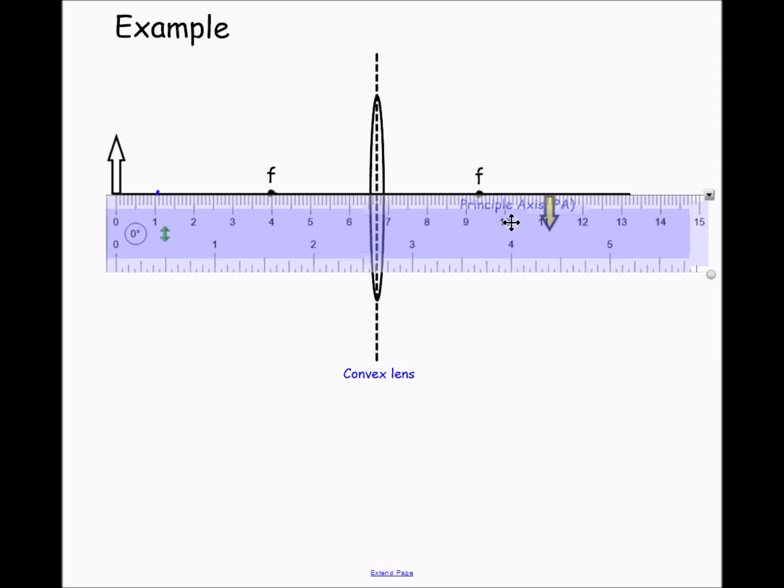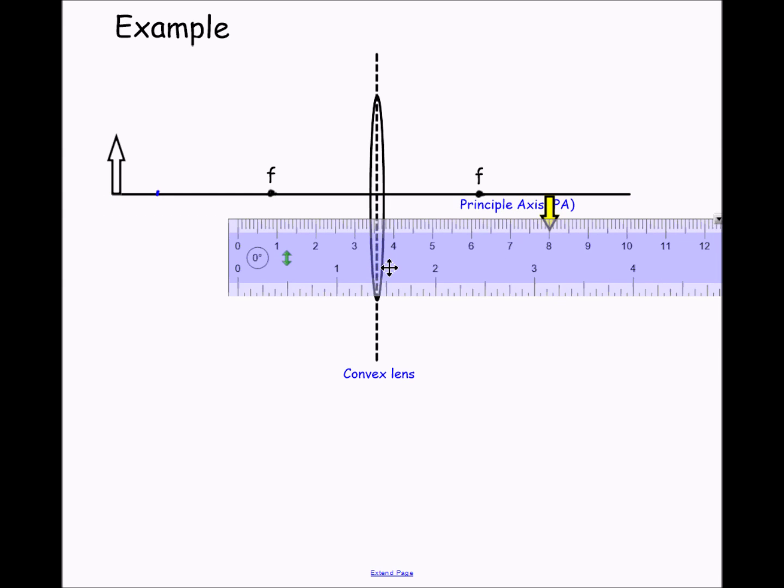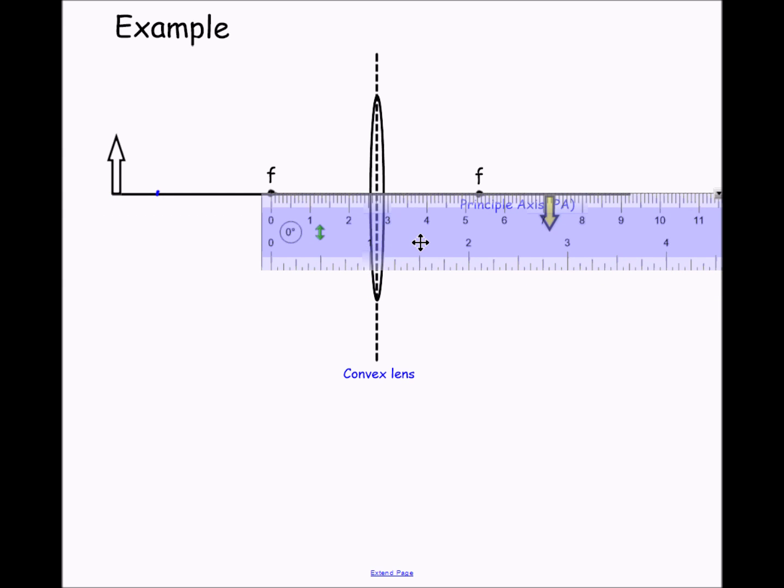So 6.7 centimeters is the object distance. Write that down on your piece of paper. Now I'm also going to measure the distance from the focal point to the lens. The focal length here looks like 2.7 centimeters. So write down F equals 2.7 centimeters on your paper.